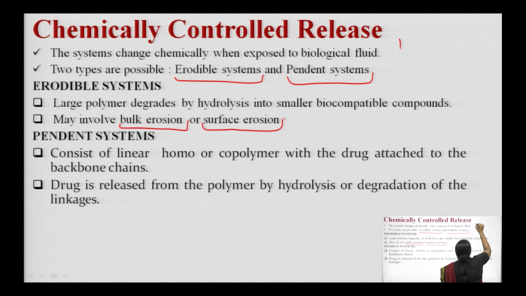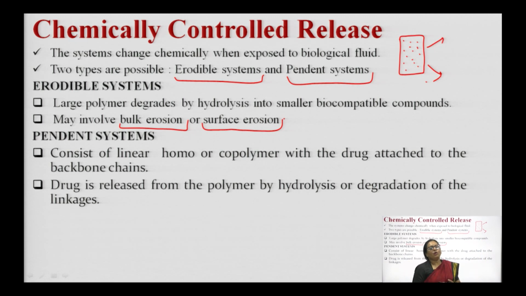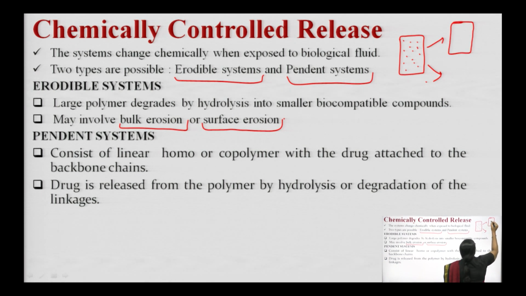So, let us understand this with the help of diagrams. Supposing this is the polymer matrix in which the drug is dispersed. So, these dots indicate the drug. In bulk erosion, the polymer will be hydrolyzed not only at the surface, but from the interiors also, like this, and internal pores will be created in the system.